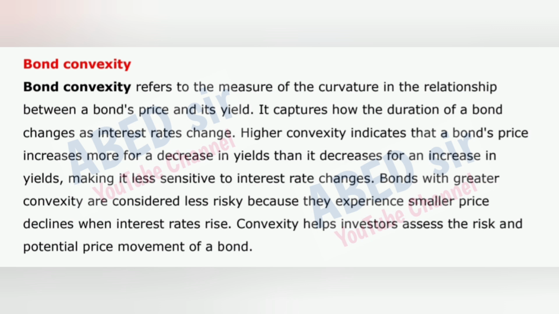Higher convexity indicates that a bond's price increases more for a decrease in yields than it decreases for an increase in yields, making it less sensitive to interest rate changes. Bonds with greater convexity are considered less risky because they experience smaller price declines when interest rates rise. Convexity helps investors assess the risk and potential price movement of a bond.